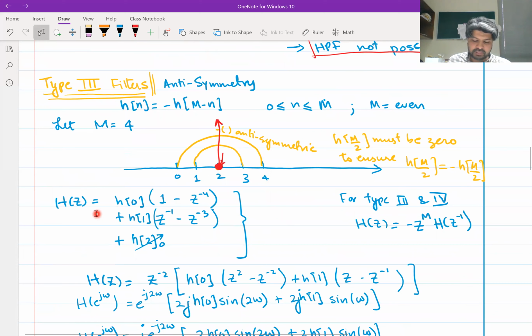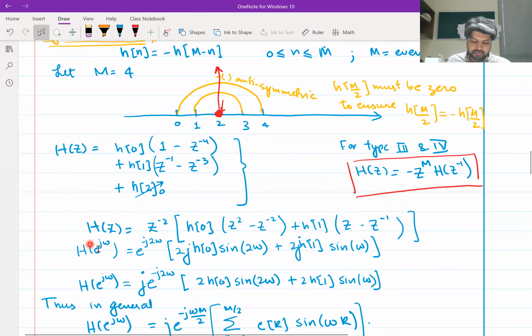So your h of z can be written as h of 0 into 1 minus z to the power minus 4, ठीक है, ये एक दूसरे के माइनस है. फिर h of 1 z इनवर्स माइनस z to the power minus 3, ठीक है, और h of 2 तो 0 आना है. फॉर टाइप 3 एंड 4 जो रिलेशन हम पहले देख रहे थे, जिसमें यहाँ पे प्लस साइन था, यहाँ पर नेगेटिव साइन आ जाएगा, राइट, फॉर ऑब्वियस रीजंस, ठीक है.